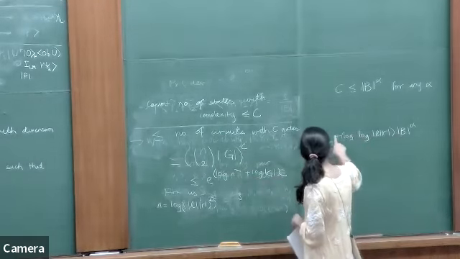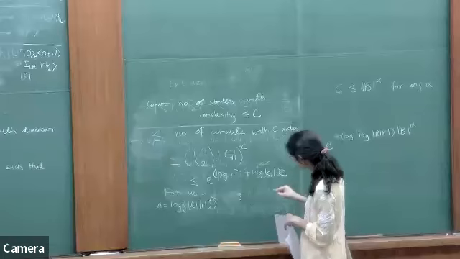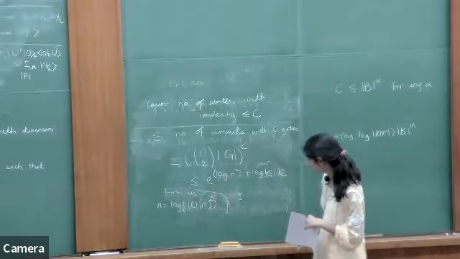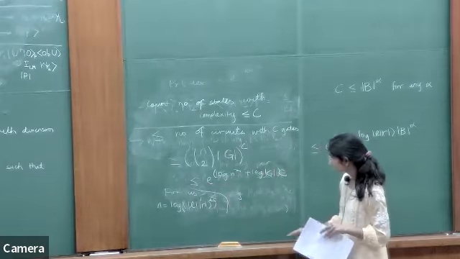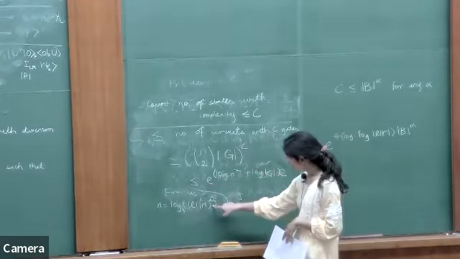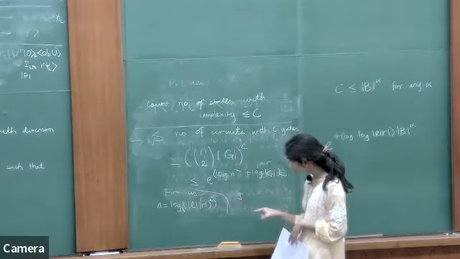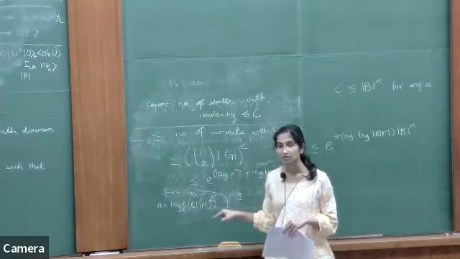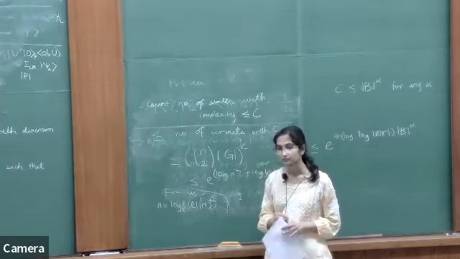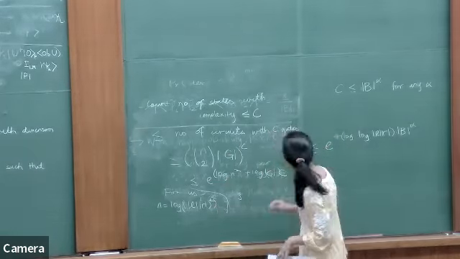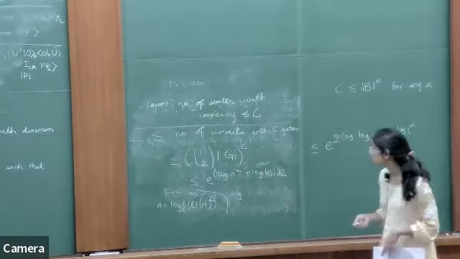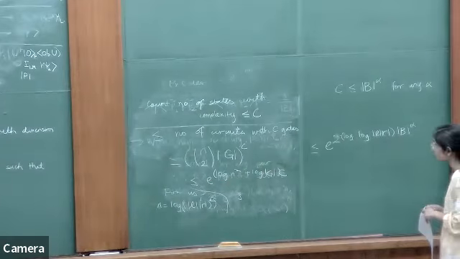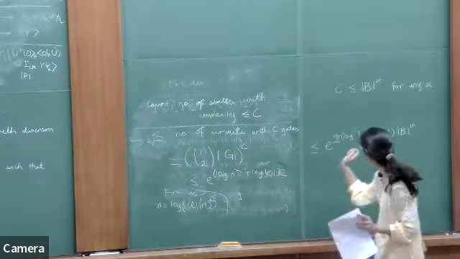Capital L has the same dimensionality as little n, so that squares. And capital R has the same dimensionality as small r. Oh, is that right? Okay, it's the pairs. Yeah, so actually this should just be a 2, and the 2 is coming from this n squared.